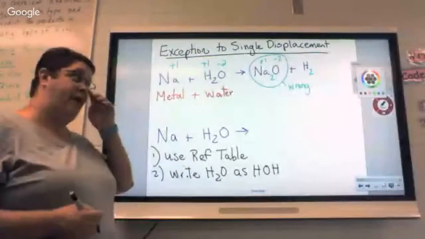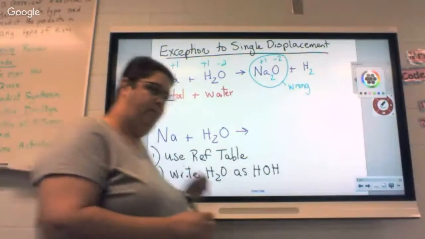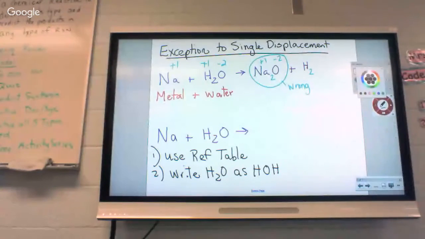Either method will fix the problem. Okay, some of you who like following the format on the reference table may prefer that method. Okay, so if you like following the pattern on the table, stick with it. If you like moving things around, go that route.